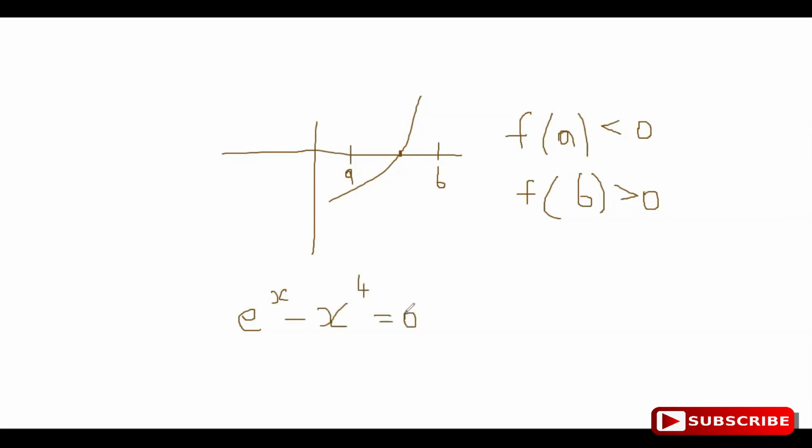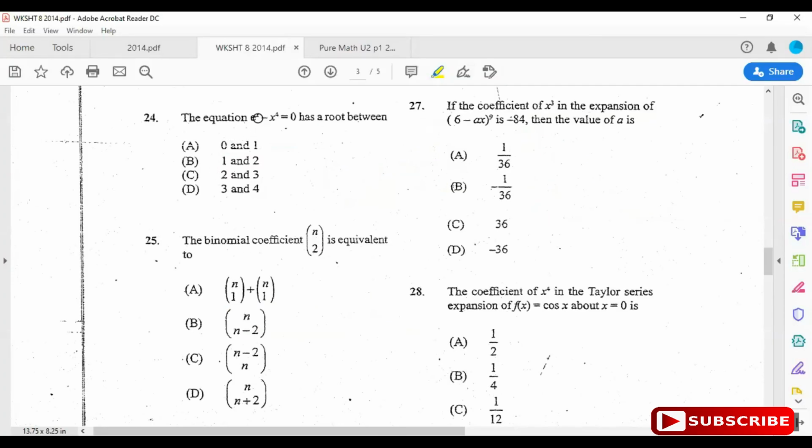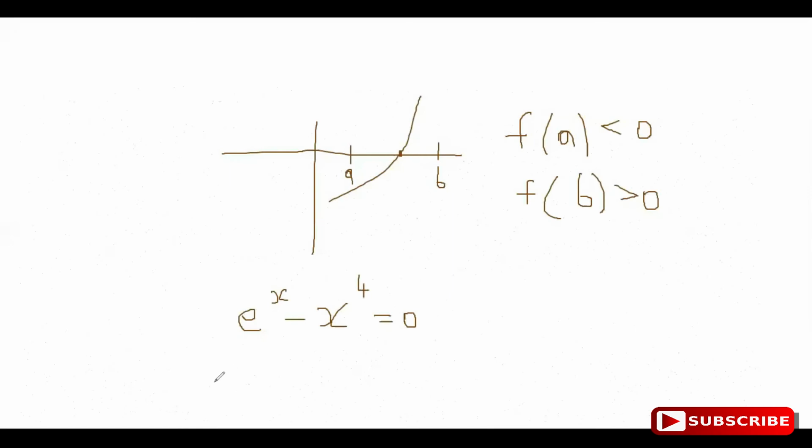You can use IVT and try values. If you plug in f of 0, you're going to get e to the 0, which is 1, minus 0. So f of 0 is equal to 1, which is greater than 0.